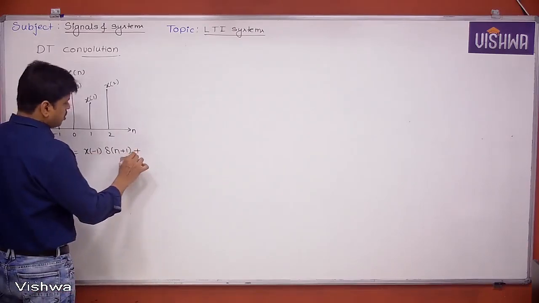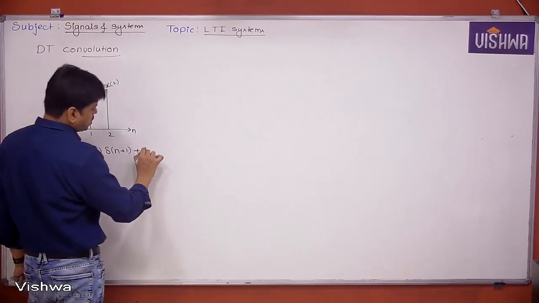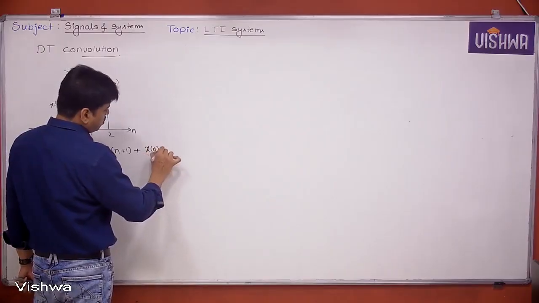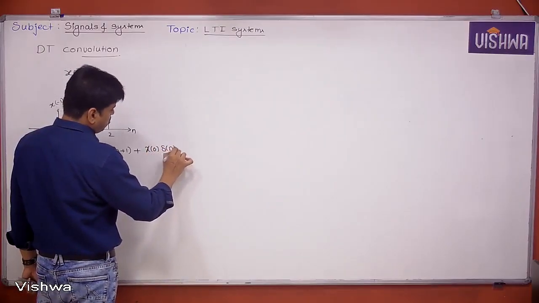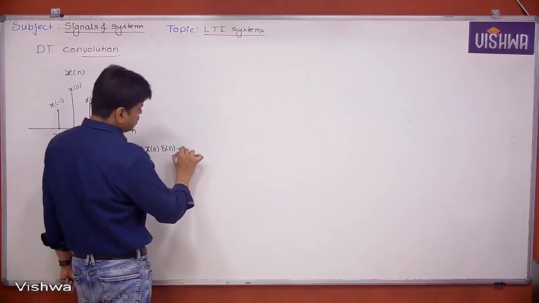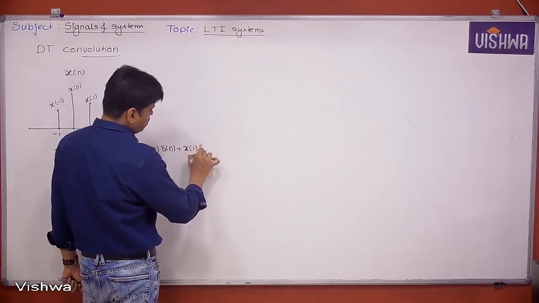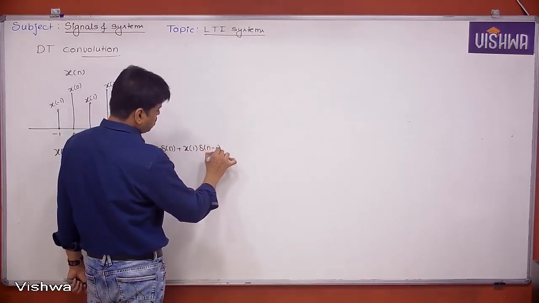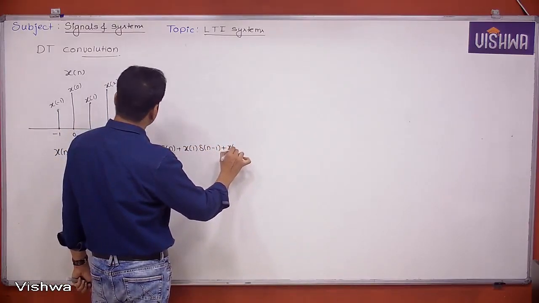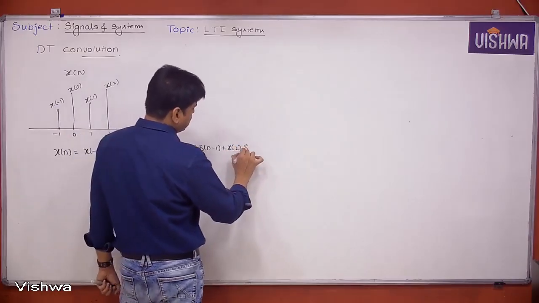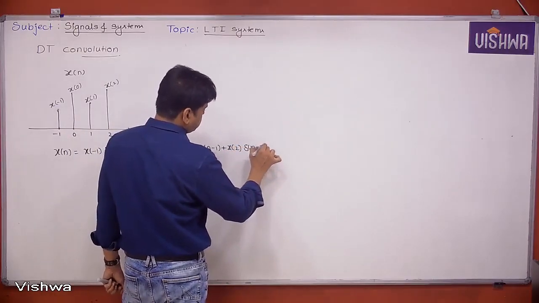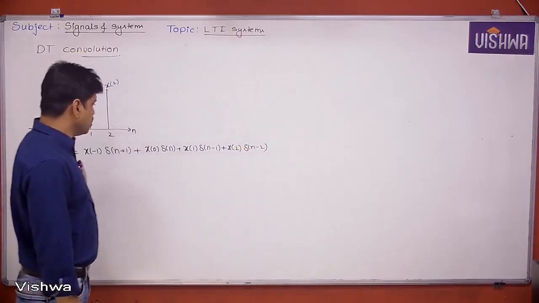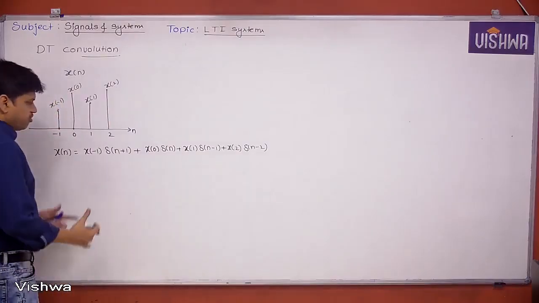Plus at 0 it is x of 0 delta n, plus at 1 it is x of 1 delta n minus 1, plus x of 2 delta n minus 2. So this is the way we can represent x of n.